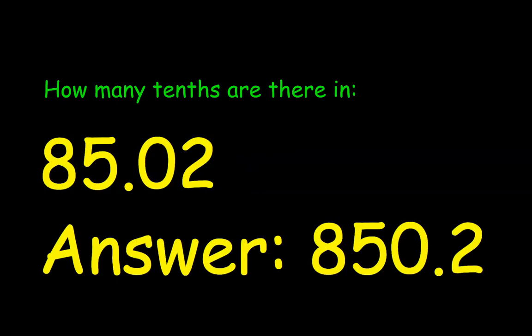With these things here, you can do exactly the same thing. Can you see that 85.02 has just been multiplied by 10? If you don't know how to do that, there is one of my videos called How to Multiply Any Number by Powers of 10. Go and watch that. It's a really good video. So how many tenths are there in anything? We'll just multiply by 10.